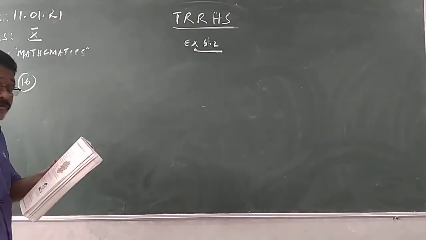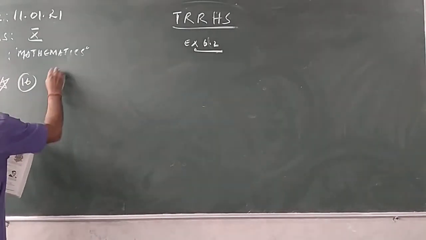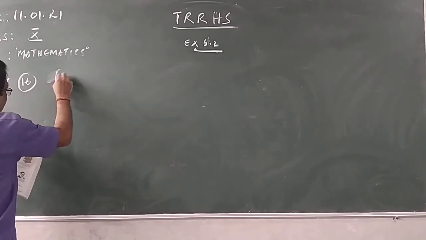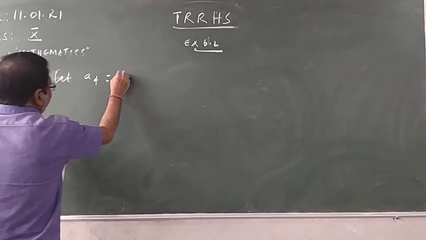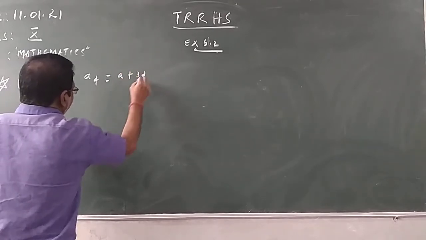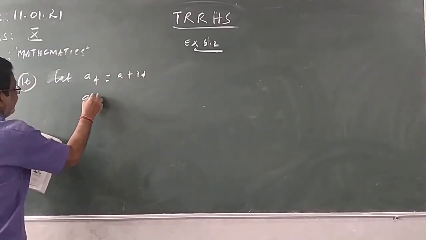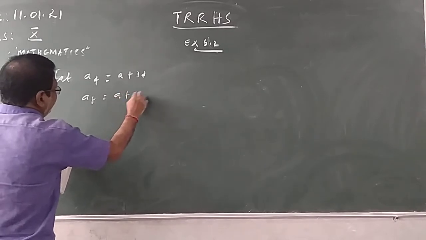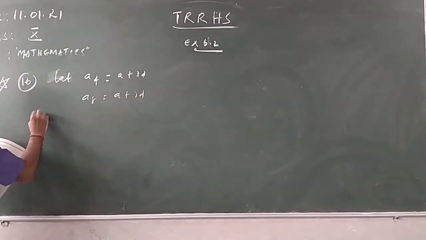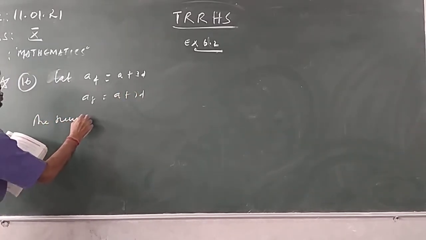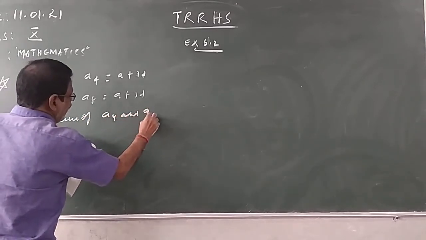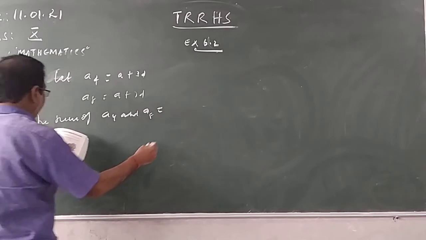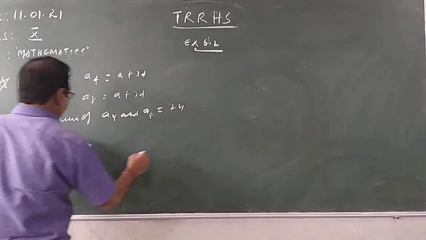The sum of the fourth and eighth terms. a4 is a plus 3d, and a8, the eighth term, is a plus 7d. The sum of a4 and a8 is 24.